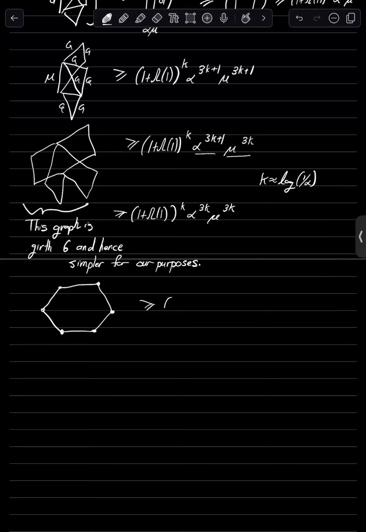So instead we're going to study the following slightly simpler problem: alpha to the 6th, mu to the 6th. I'm not really hiding anything. I just don't want to draw a really complicated diagram. So the key fact about C6 that we're going to use is that it's girth 6.